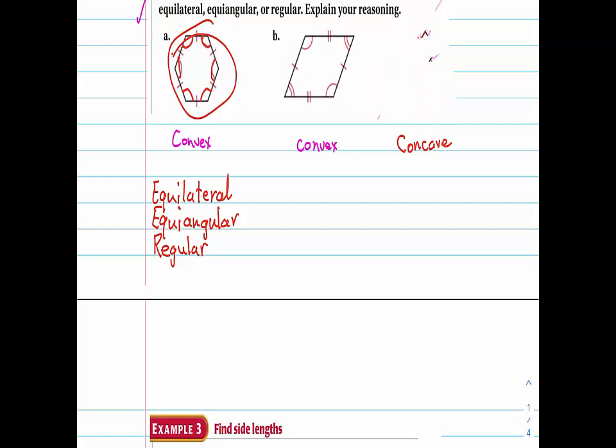Now let's look at this other one. Notice that all the sides are the same. So we can definitely say this is equilateral.